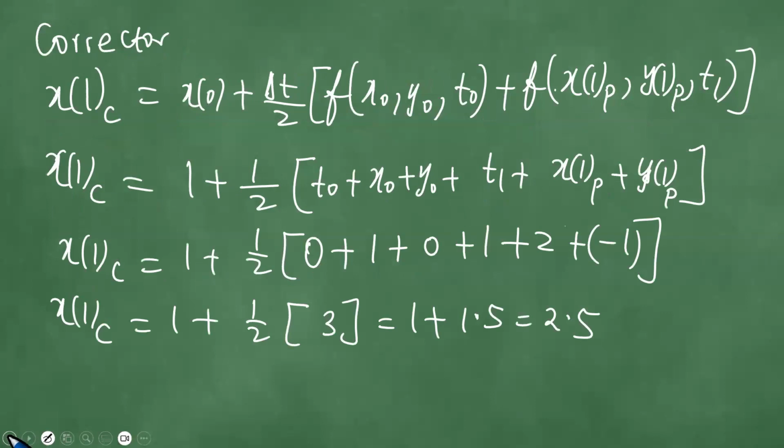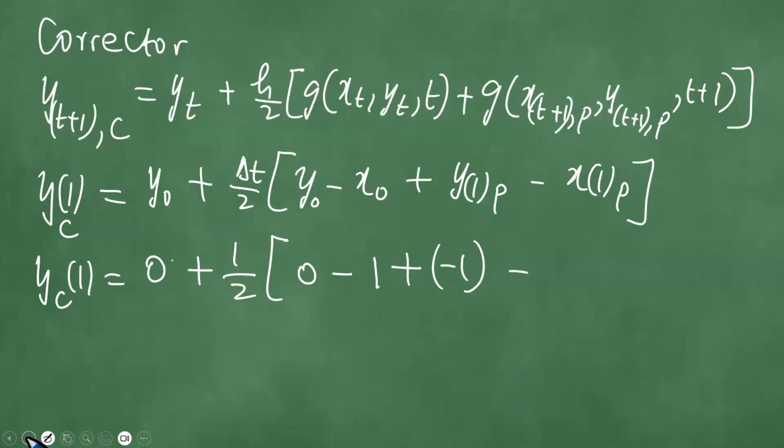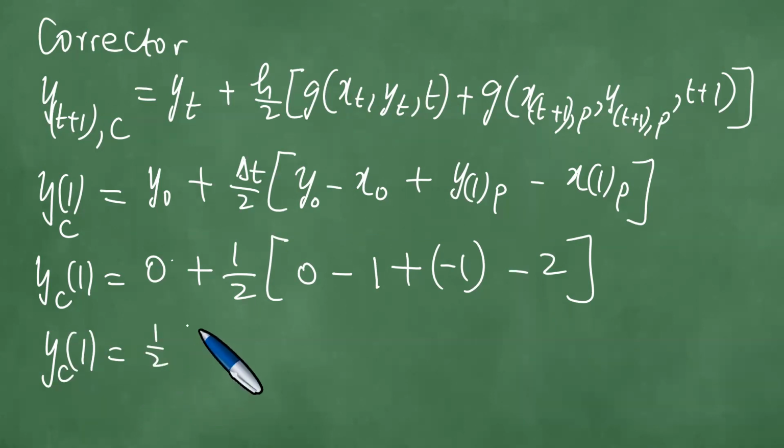X1 predictor is 2. Okay. What answer are we getting here? So this one here is going to be minus, minus, and then this is going to be minus 2. And then, okay, works out correctly. That's what I expected. So this is exactly 1/2 minus 4, which is minus 2.